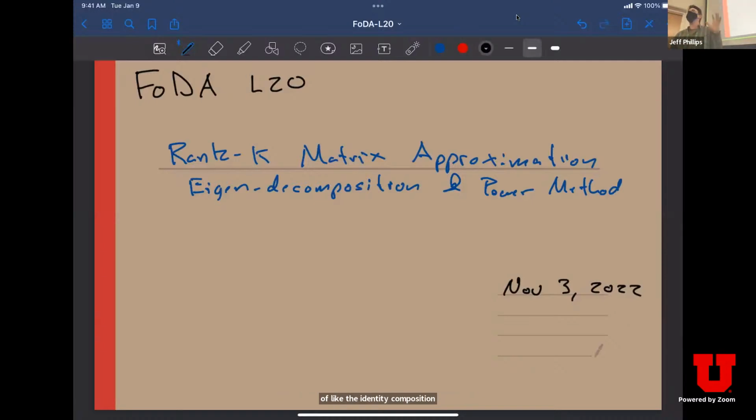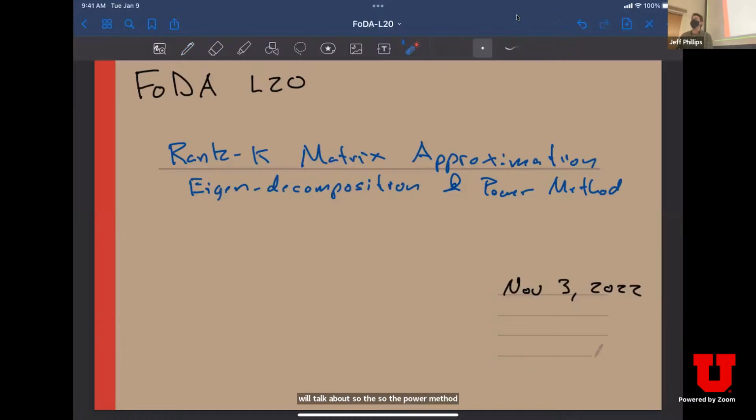Basically, computing one is roughly the same kind of elements as computing the other one, once you translate things in the right way. And then we will talk about the power method.